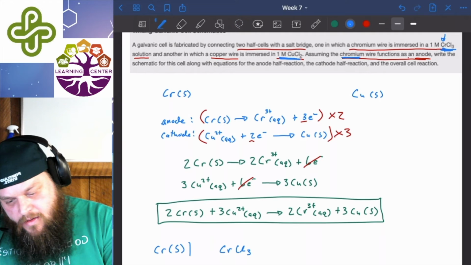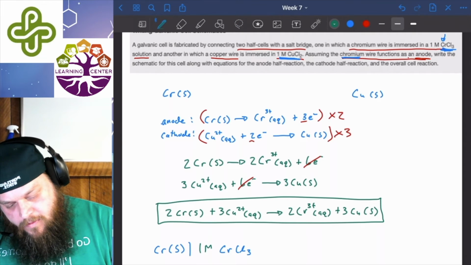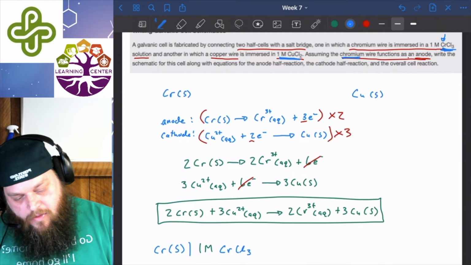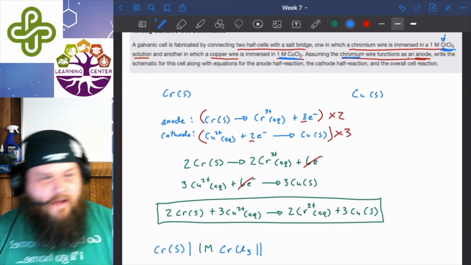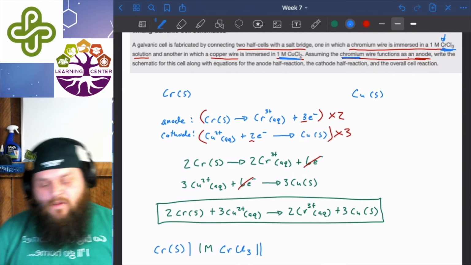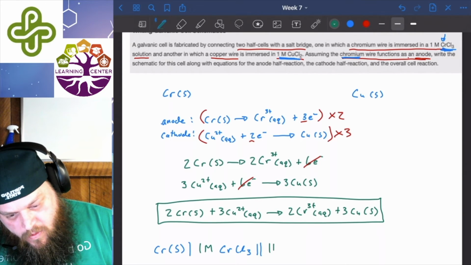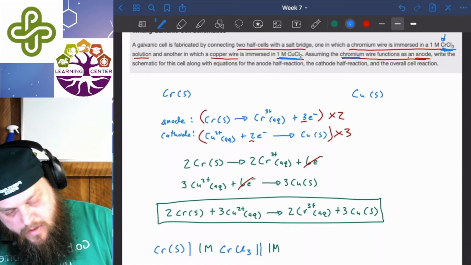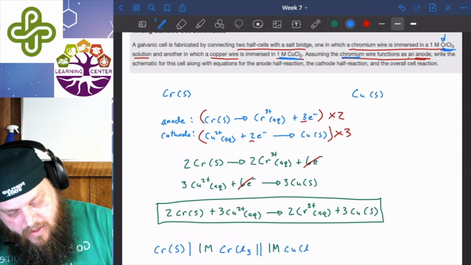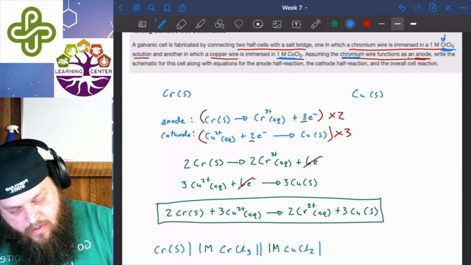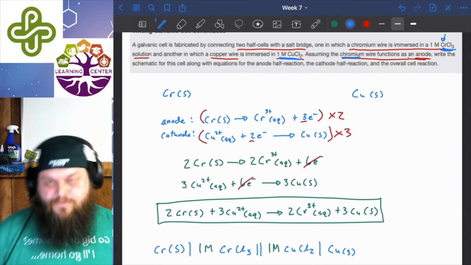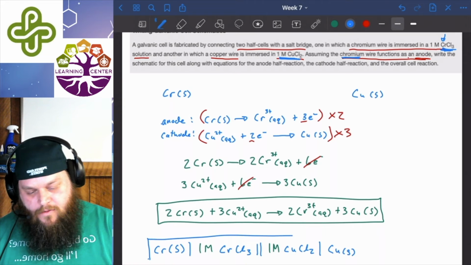It's telling us that, so I can write it as 1 molar CrCl3. There's what I call the salt bridge, the interface between one side and the other. The molarity of the other one is also 1 molar. This is CuCl2, and that's interfacing then with copper solid. And that's the cell notation for this reaction.